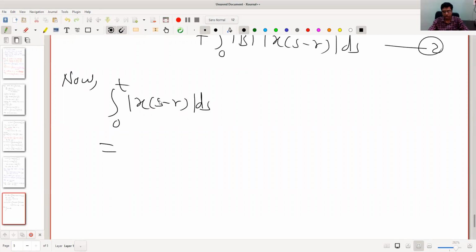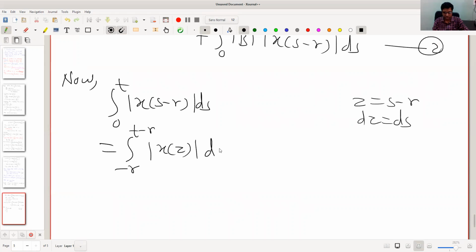We put z for s minus r. Then dz is the same as ds, and the limits will change. Our s is from 0 to t. So when s equals 0, z is minus r. When s equals t, z is t minus r. So this integral is from minus r to t minus r of the modulus of x of z dz.